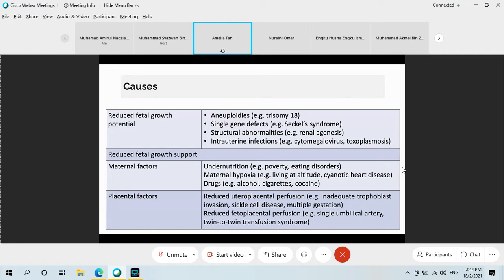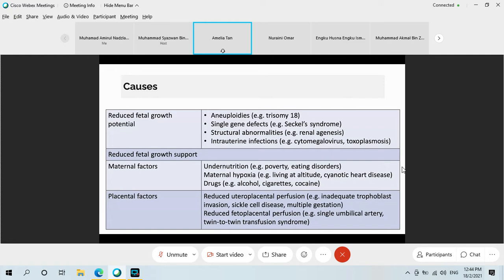And the next one is reduced fetal growth support. For this category, the mechanism is almost the same: there is a reduction in the oxygen and nutrient supply for the baby, for the fetus, and thus it causes a lack of development or influences the development of the organ as well as the tissue in the fetus. So the first one is the maternal factor.